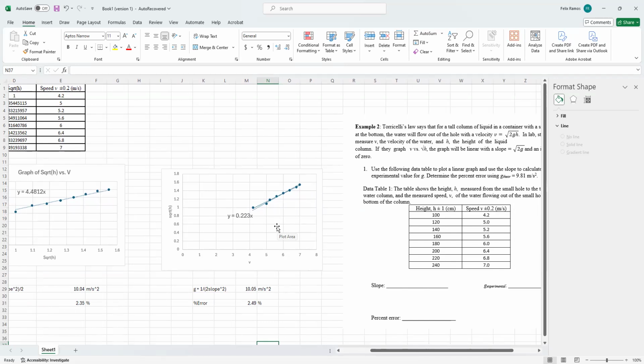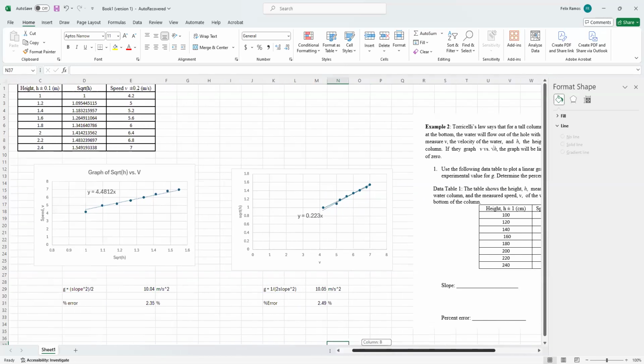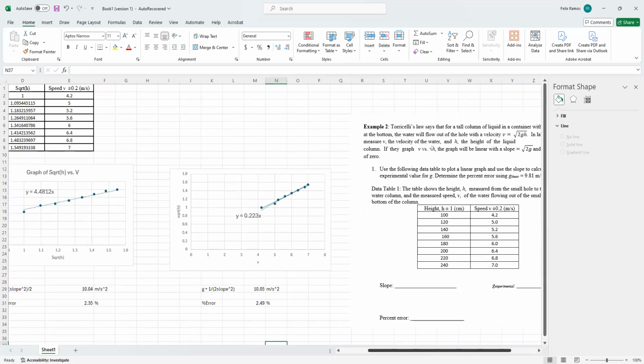Because, for example, if you graph just the speed versus h, you don't get a straight line. To get a straight line, you have to graph v versus the square root of h, right? Using just h instead of the square root of h, you don't get a linear graph, right?